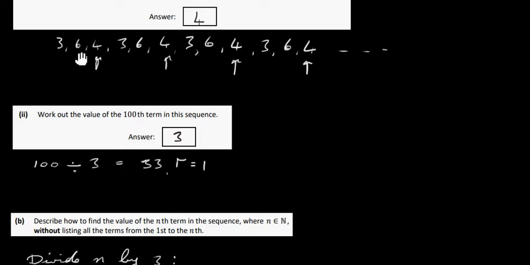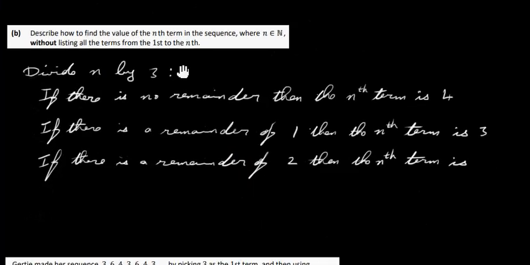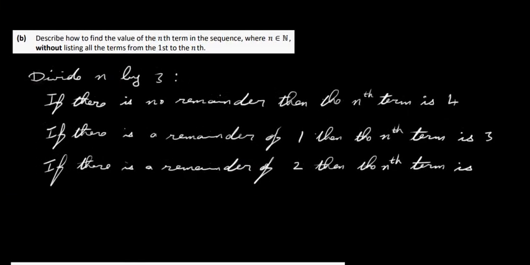So remainder 2 means it's going to be a 6. Then the nth term is 6. And that's how you do it really. You divide whatever n is by 3. If there's no remainder, then the nth term is 4. If there's a remainder of 1, then the nth term is 3. If there's a remainder of 2, then the nth term is 6.